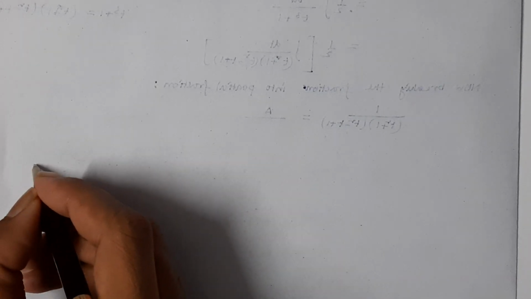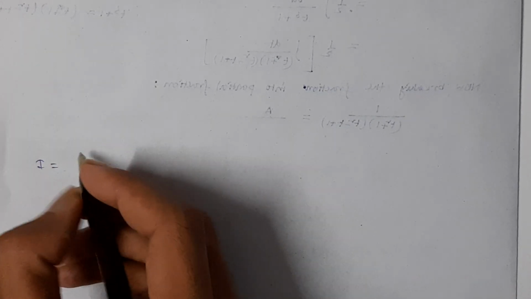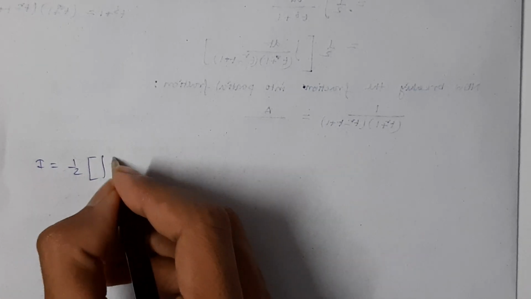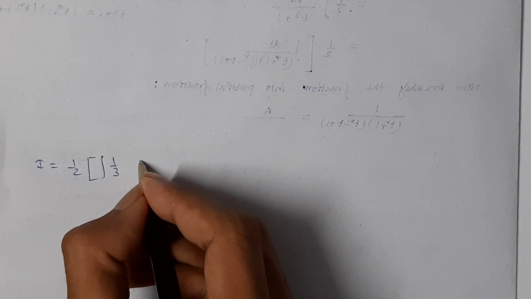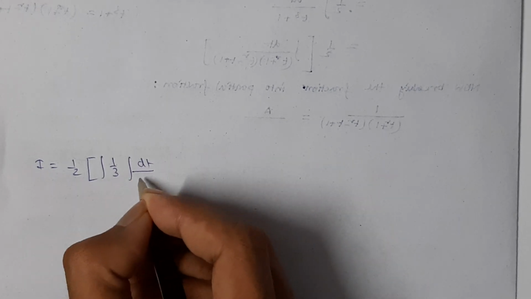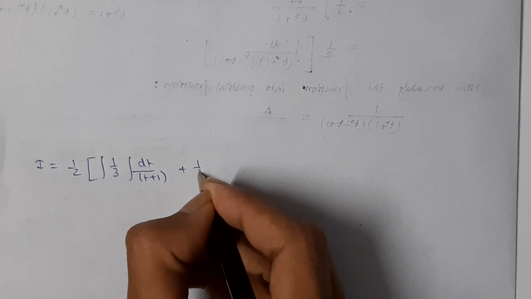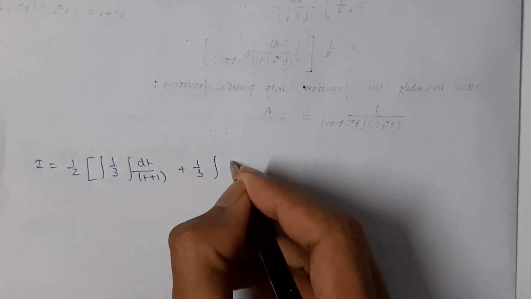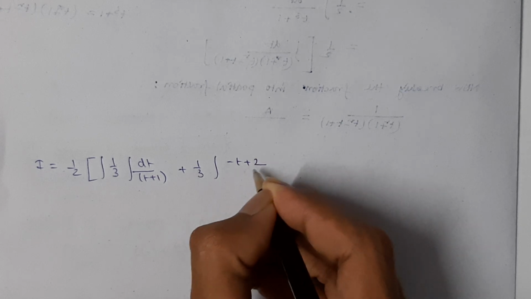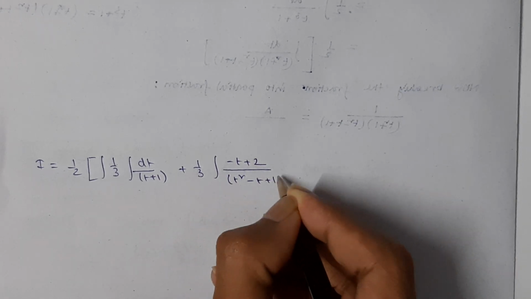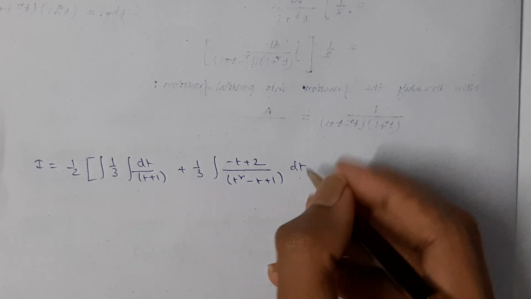Now we write down the whole integration. Okay, so I write down the whole integration, that is exactly 1 by 3 dt by t plus 1 plus 1 by 3 times (minus t plus 2) by (t square minus t plus 1) dt.